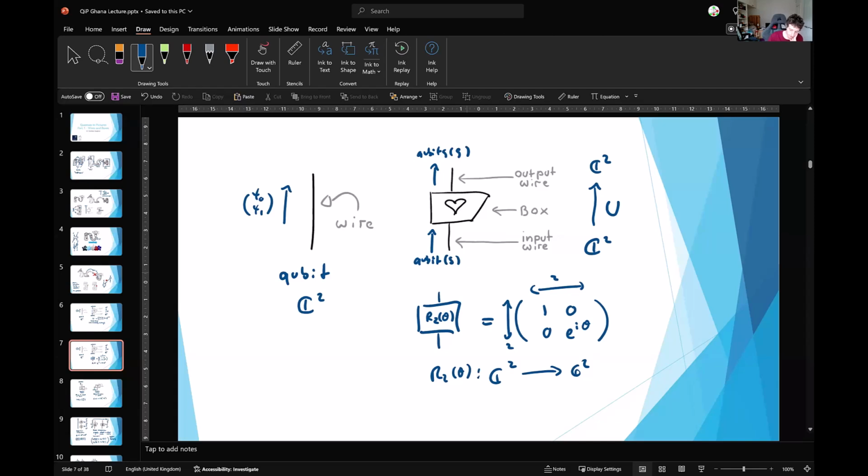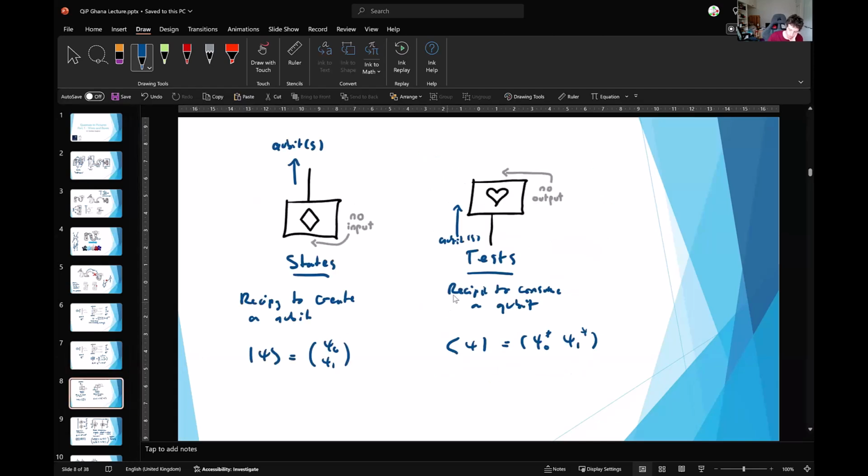But you can also define states, examples of states, or their bras and kets. For example, you could have 0, which is this state here. You could have plus, which is this state here, where there's some normalization factor. You can have R, which is this state here, with a complex component at the bottom, an imaginary component at the bottom.